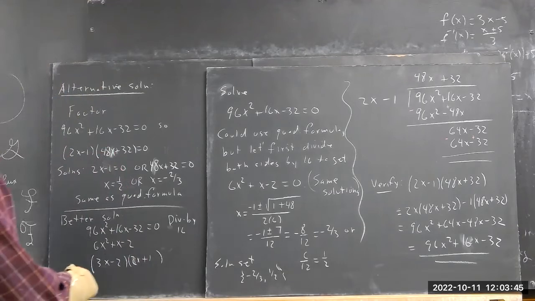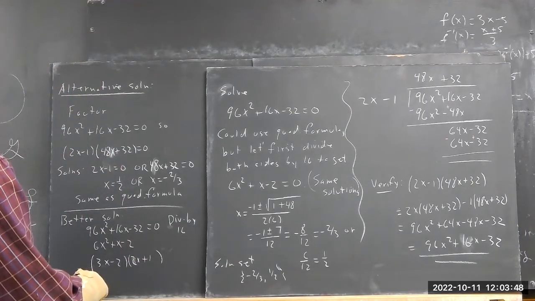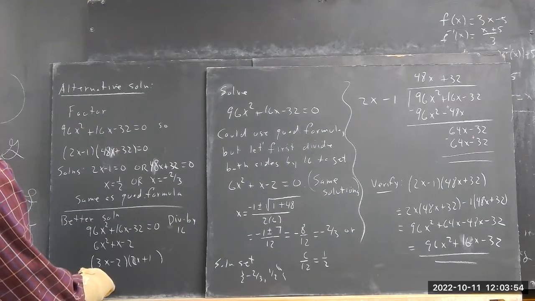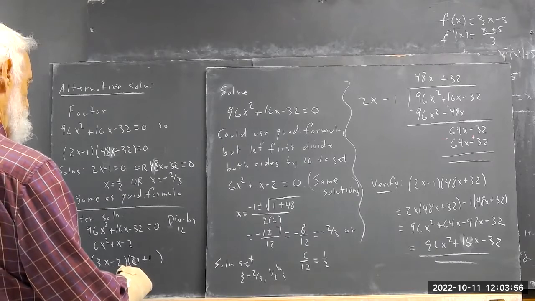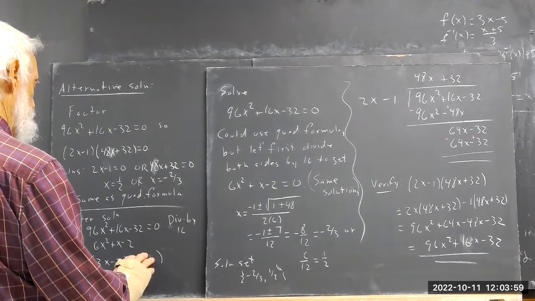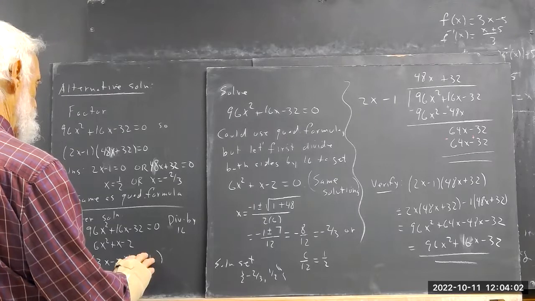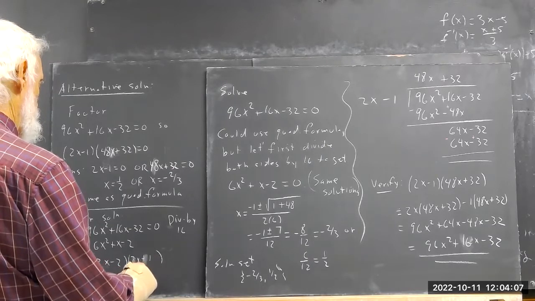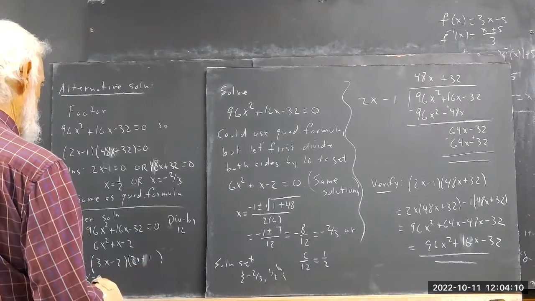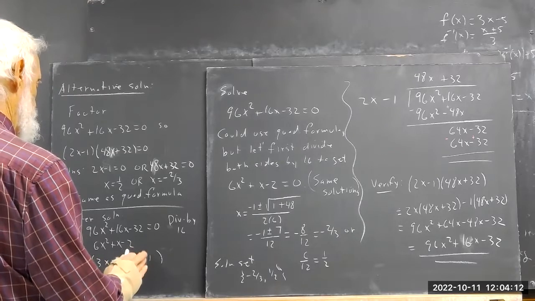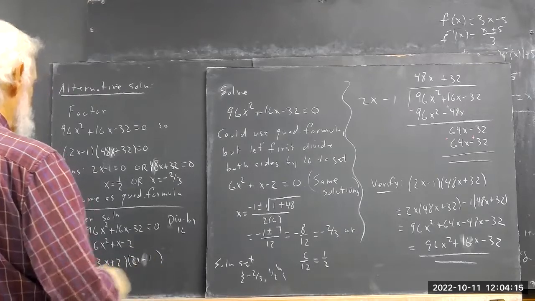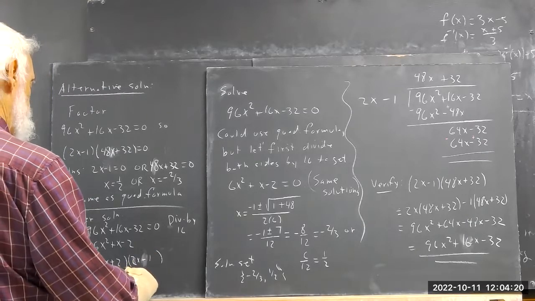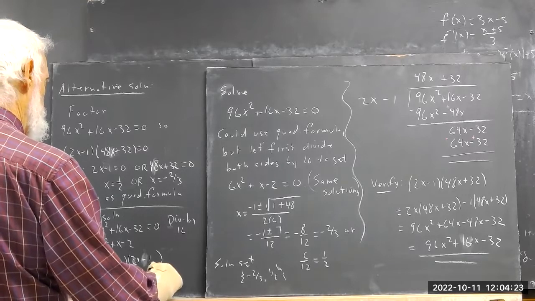Okay. So this gives you 3x plus 2 equals 0, and 2x minus 1 equals 0.